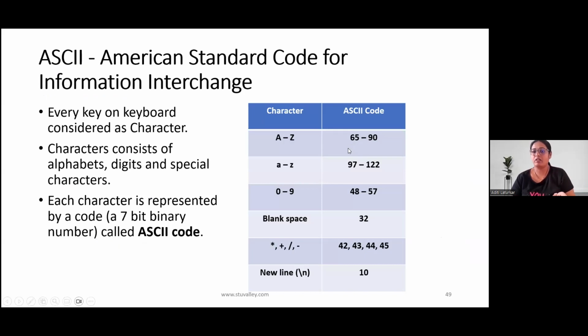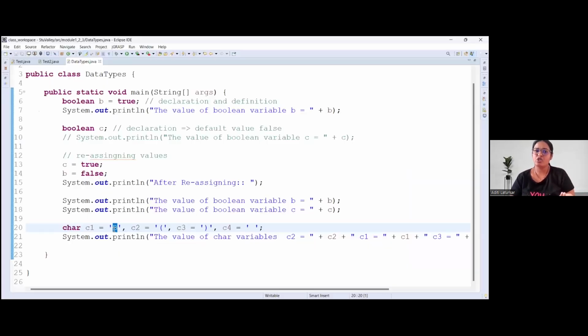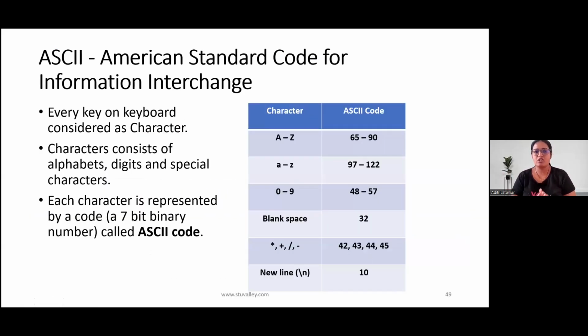That gets stored internally for the memory allocation done for this character value. And then it is showing you the value here in the character format. Okay. So these are ASCII numbers. Everything on your computer keyboard has its own ASCII code.